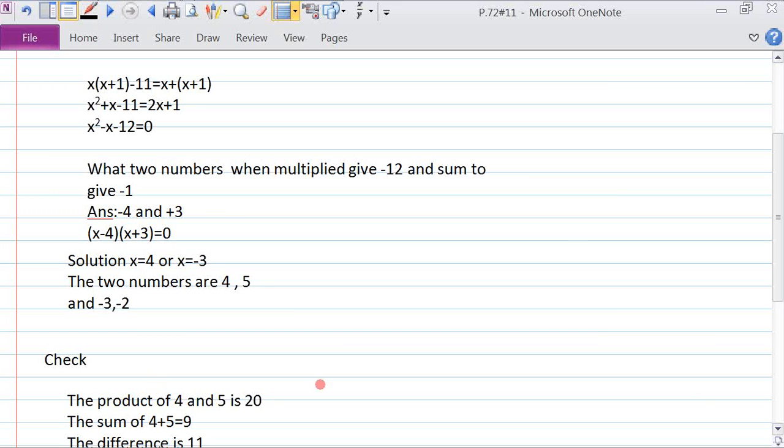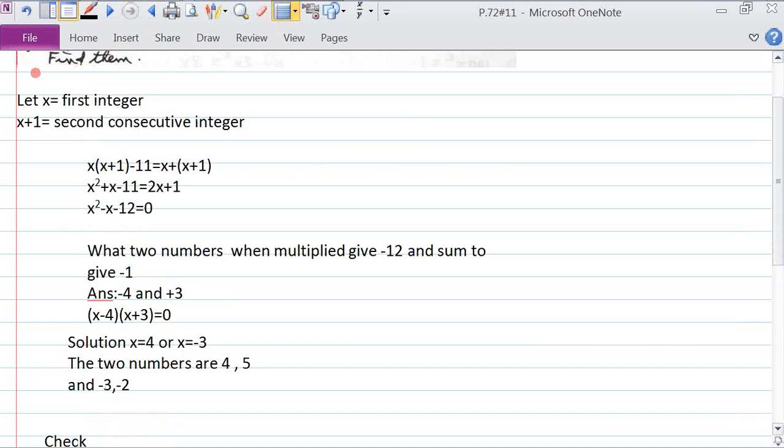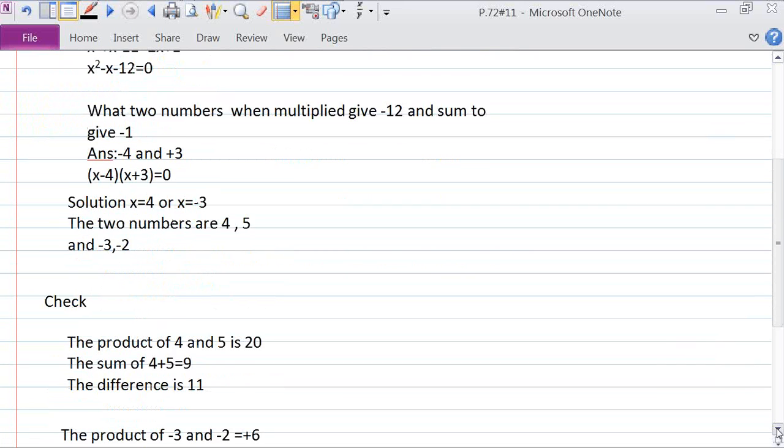X is minus 3. So the two numbers, if the first one is 4, then the next one is 5, the next consecutive integer. If the first one is minus 3, and we add 1 to it, we get minus 2. So let's check this out.